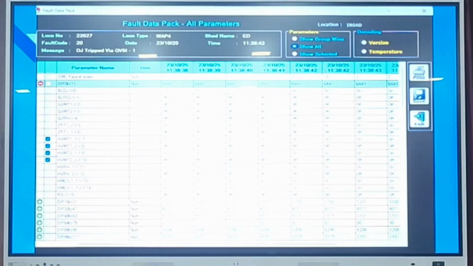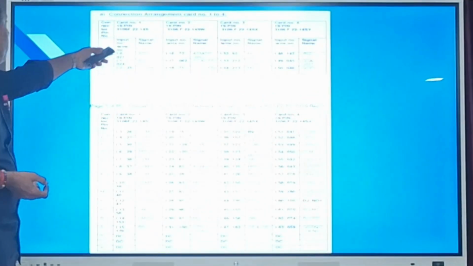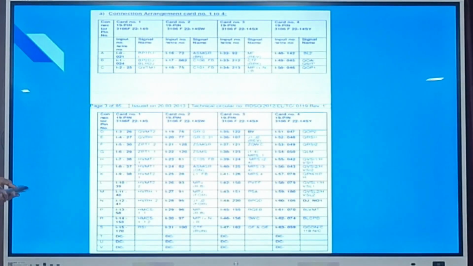For that, these inputs are already defined in DC119. Based on this only he has developed this. Suppose input card number 1, what are the inputs?